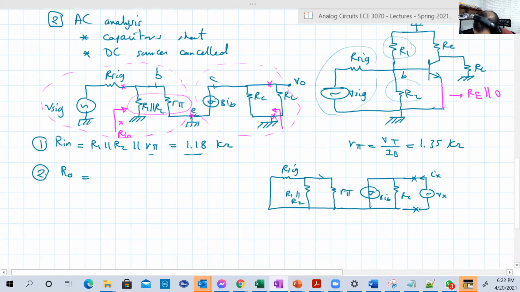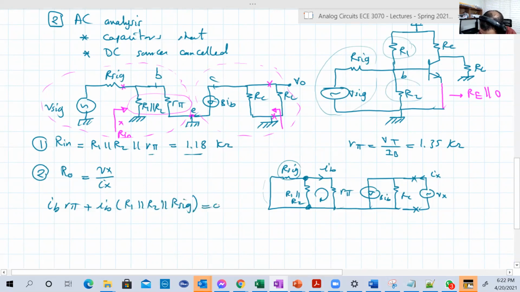And again, if we apply Kirchhoff here, RO is Vx over Ix. Before that, we're going to do Kirchhoff just to prove that IB will be 0 because we canceled its source. So IB times R pi plus IB multiplied by the equivalent resistance of R1 parallel R2 parallel R signal, because now R1 R2 is parallel with R signal, both terminals connected to each other, equals 0.